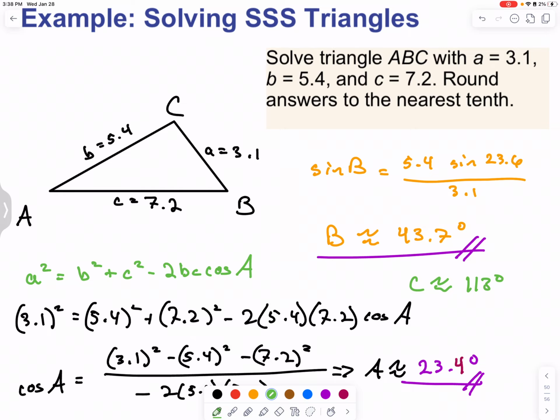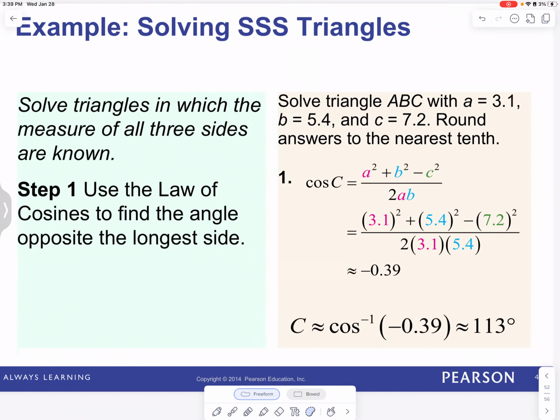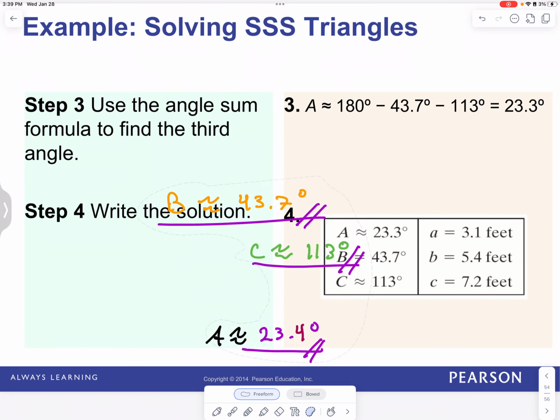Okay. So for C, I think we got approximately 113 degrees. I want to copy my results, and we'll do a side-by-side comparison of what they got right here. Paste. So again, all the sides were given.